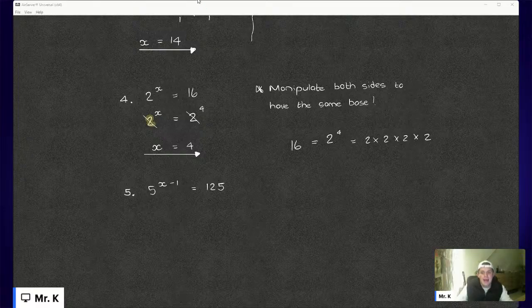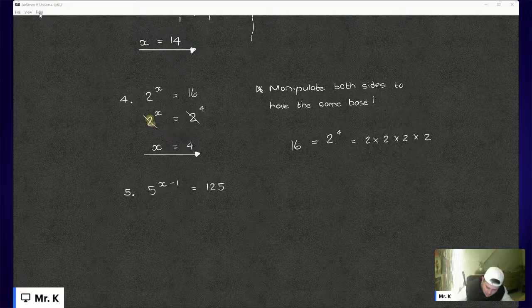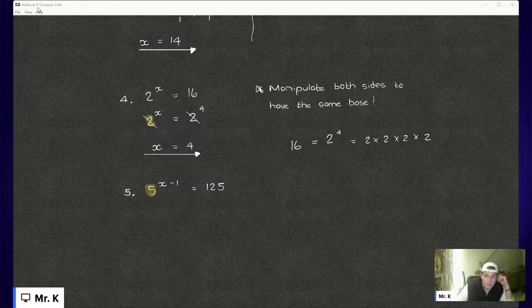Well, it doesn't matter what my exponent reads, but I must pay close attention to the base of my exponent, right? So on the left-hand side of my equation, I have a base of 5. Now, there is nothing I can do to change that base. Okay?